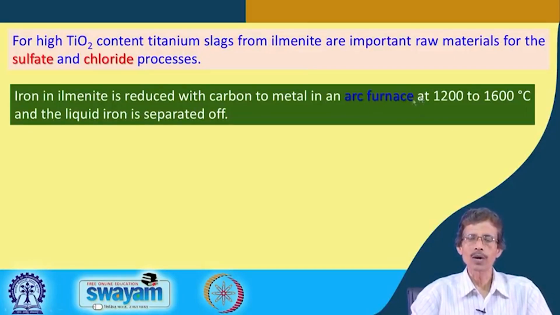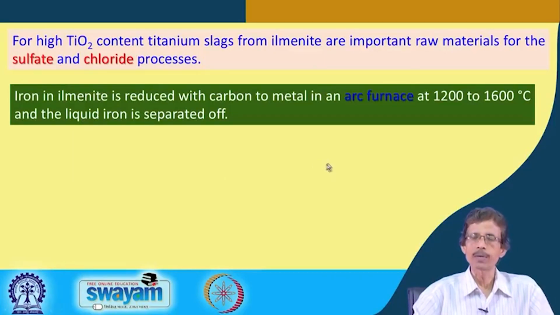So, this is your arc furnace. At a temperature of 1200 to 1600 degrees centigrade, we will be using this, and the liquid iron is separated off as iron 0. So, iron 0, once it is reduced at this particular temperature, will remain as a liquid and that has to be separated out.